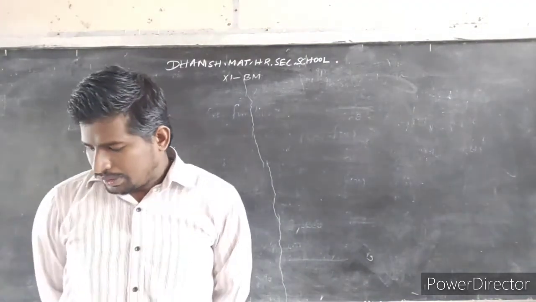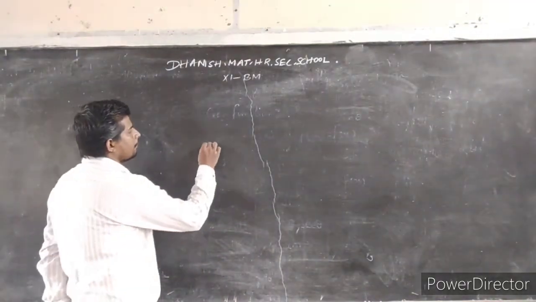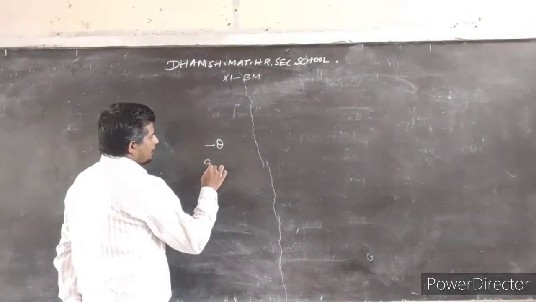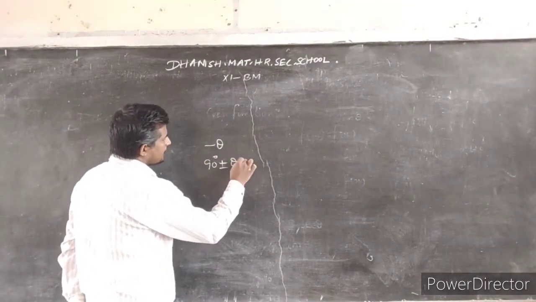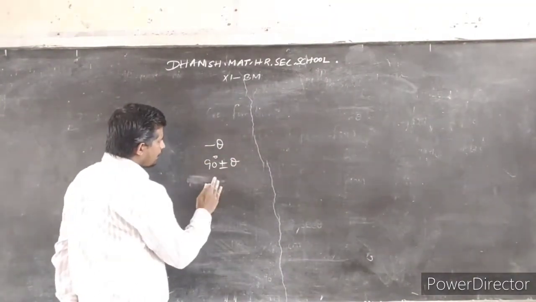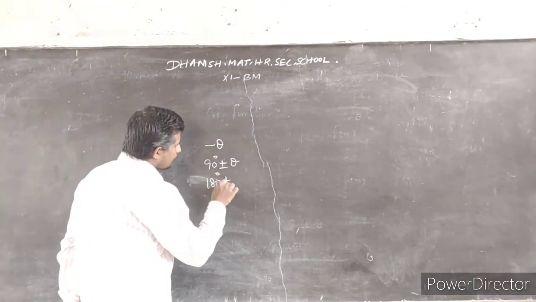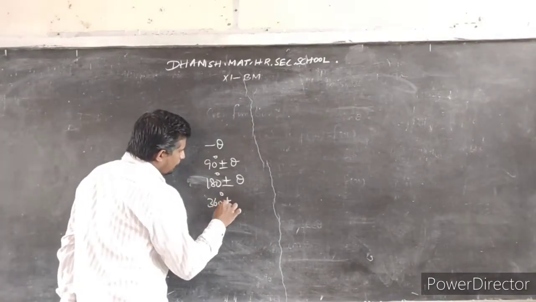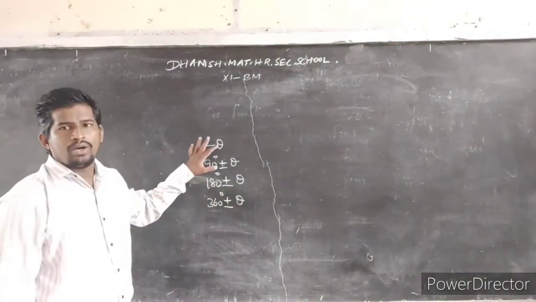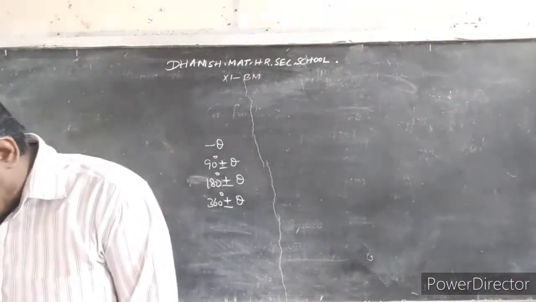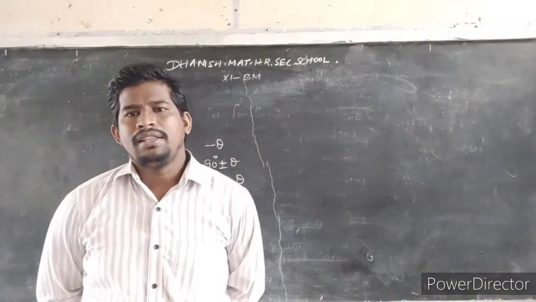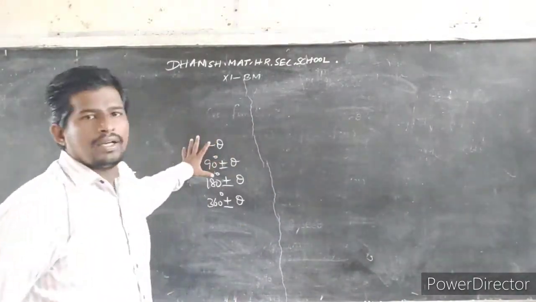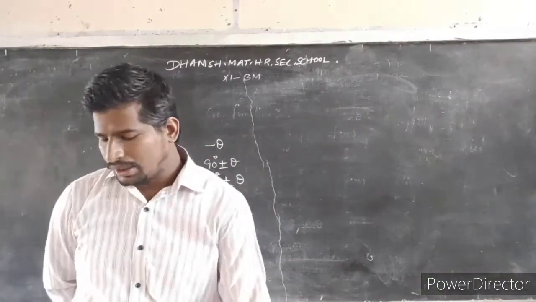Now, the angles minus theta, 90 degree plus or minus theta, 180 degree plus or minus theta, then 360 degree plus or minus theta are all angles allied to the angle theta.